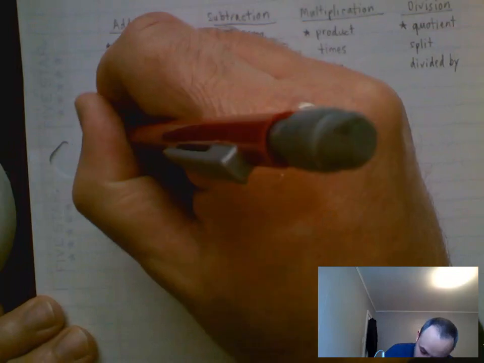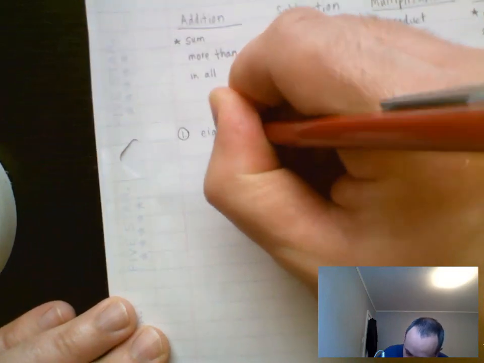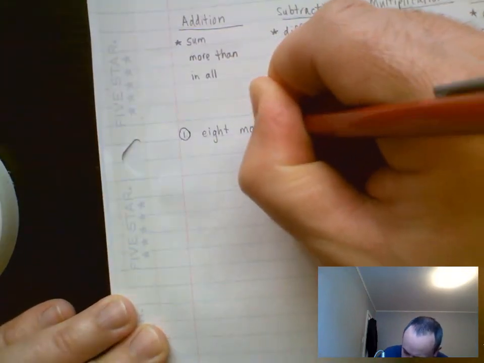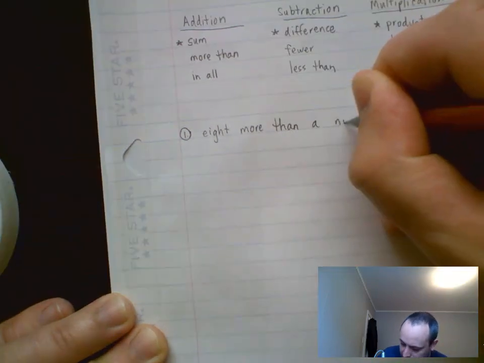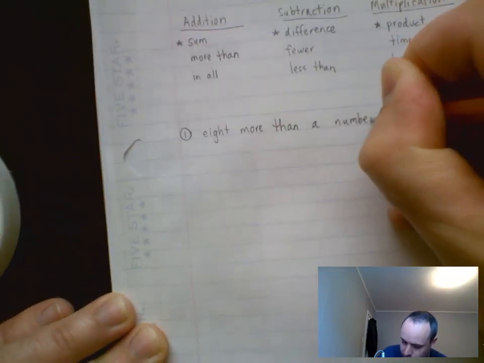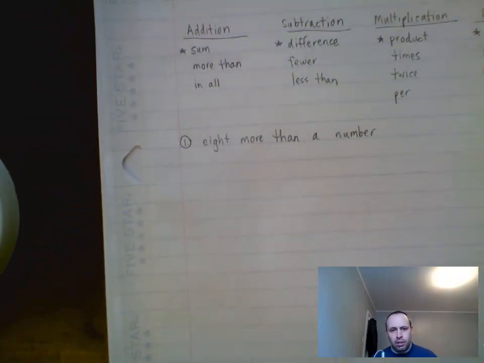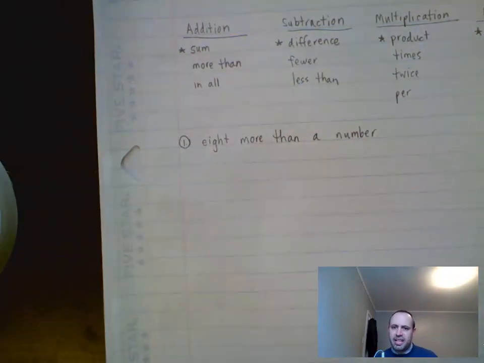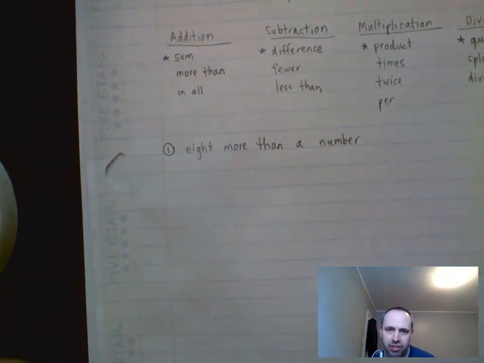All right? So number 1, let's write down: 8 more than a number. What they want you to do is write an expression from those words that we give you.